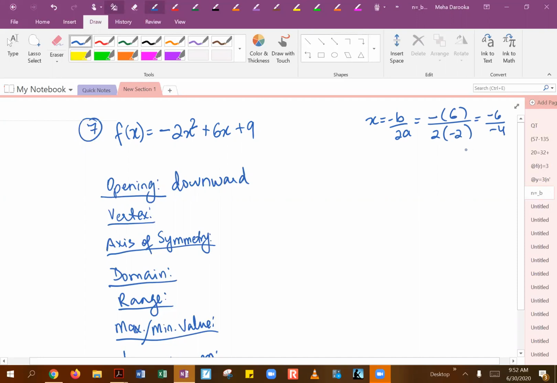So the two negatives will become positive, and then 6 over 4 reduces down to 3 halves. So we've definitely got 3 halves for our x coordinate, but looks like there's some different answers on the y coordinate. We've got 27 halves from Audrey. Grace has 15. What did the rest of you get for your vertex?